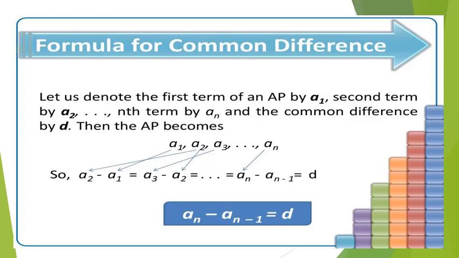Now we need to find the common difference, denoted by small d. So the common difference is a2 minus a1, a3 minus a2, a4 minus a3. That is, any successive term minus the preceding term gives the common difference, except for the first term.